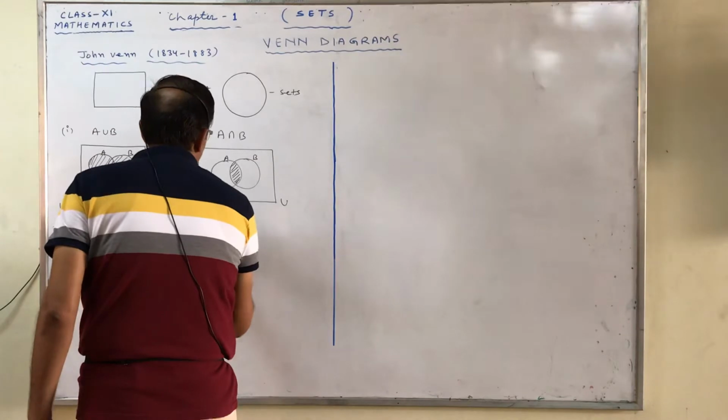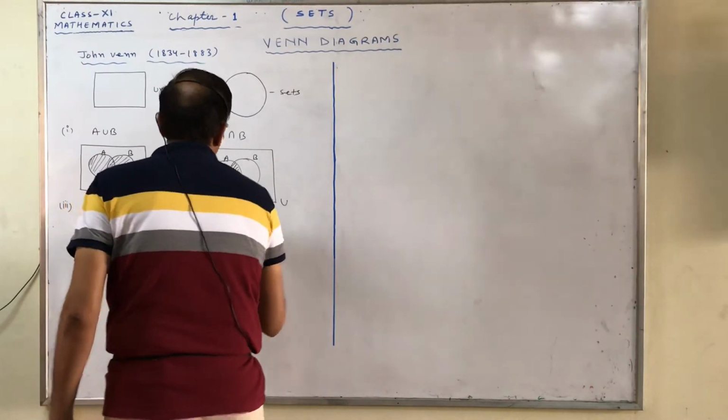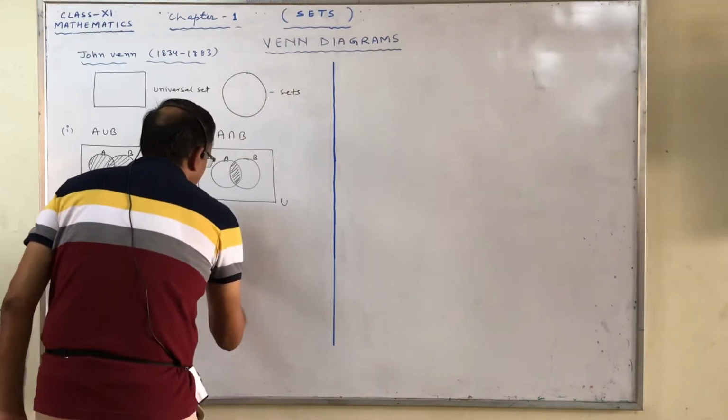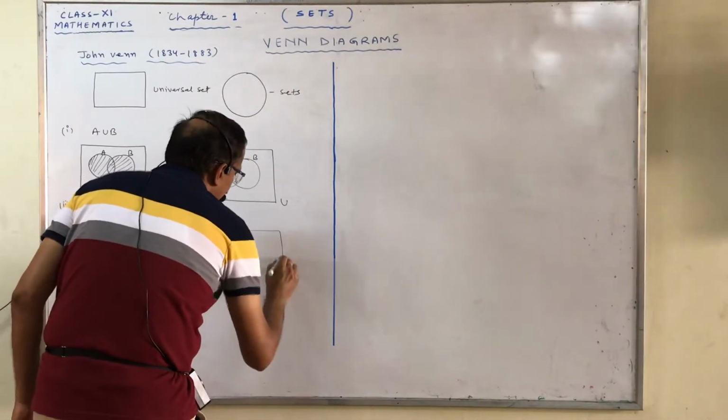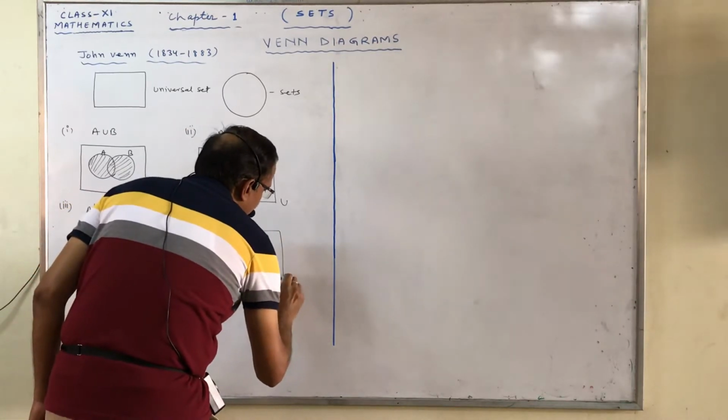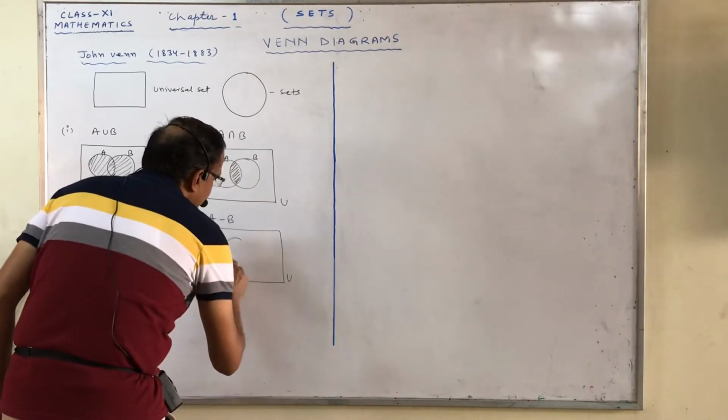Now come to the fourth one. Fourth is A minus B, the difference of two sets. For this again, we need two sets. This is universal set.